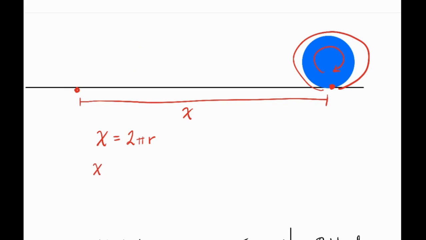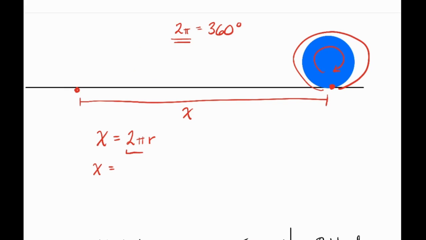Remember how I was talking about that angle? Well, the angle in radians, 2 pi is equal to 360 degrees. And so this 2 pi is how far it rotated as it went one whole circle.